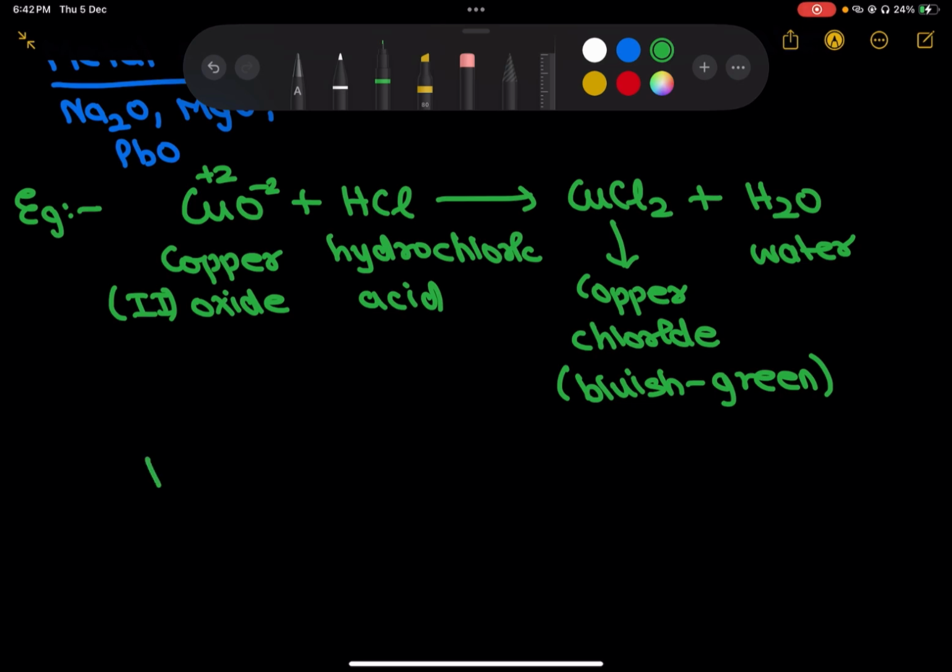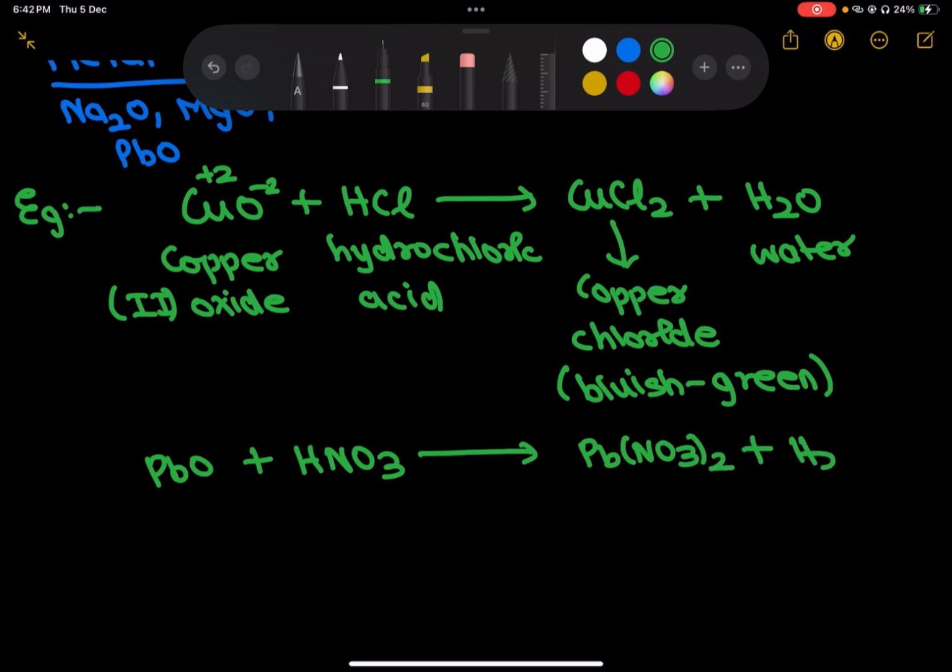Let's take PbO. So PbO is lead oxide plus HNO3. HNO3 is nitric acid. It gives Pb(NO3)2 plus H2O. So PbO is lead oxide, again a metallic oxide. HNO3 is nitric acid.